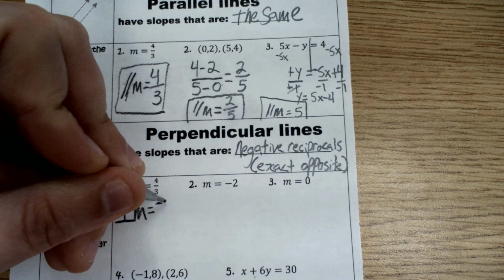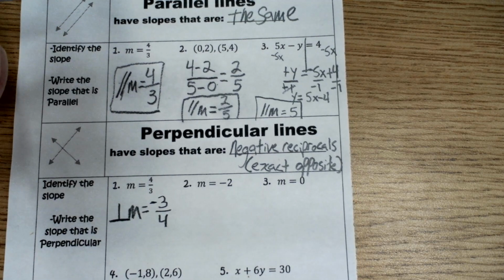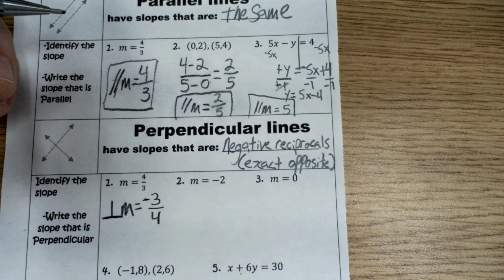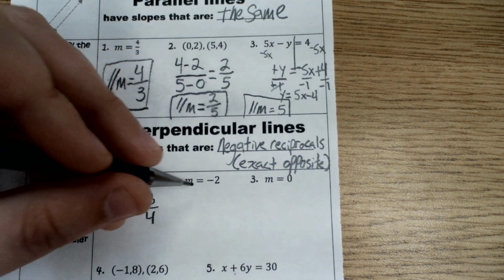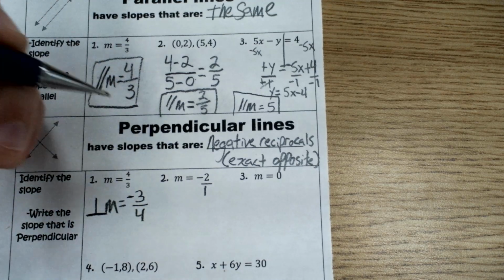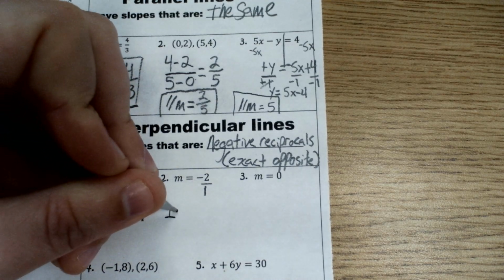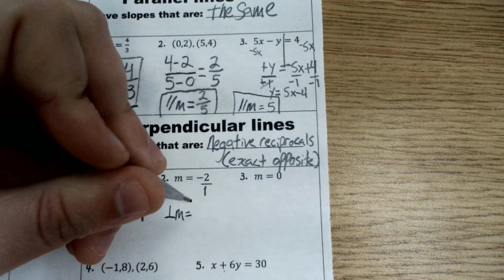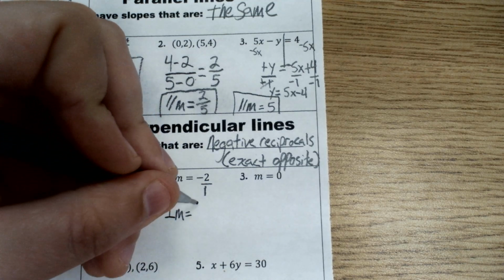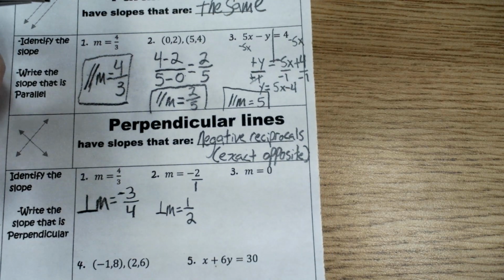So it goes from a positive to a negative, and it flips to be negative 3 over 4. Okay, for number 2, I've got a negative 2, so we can think of that as negative 2 over 1. So my perpendicular slope to that would be changing from a negative to a positive and flipping that over. So positive 1/2.